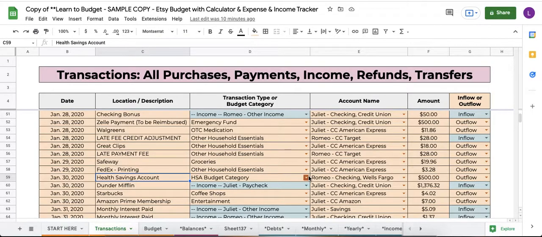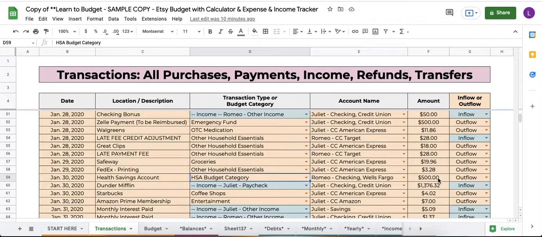It's just like as if you had spent $500 at Starbucks and the budget category was coffee. Same exact concept here. You spent $500 putting it towards your HSA account, and the budget category is your HSA budget category.